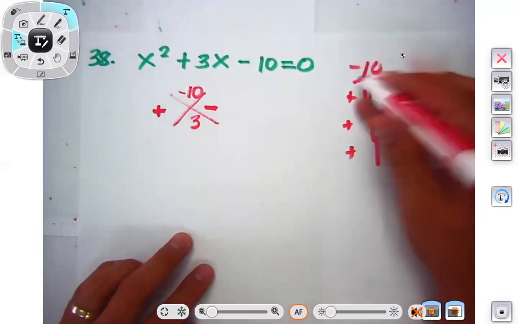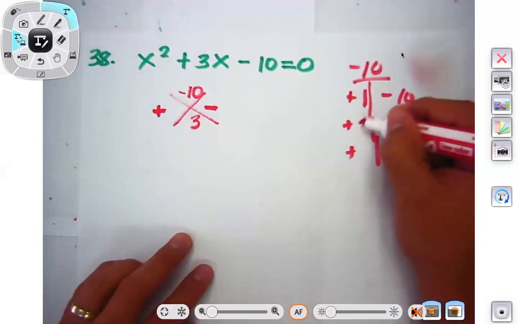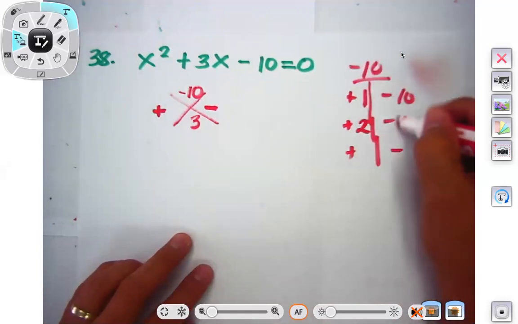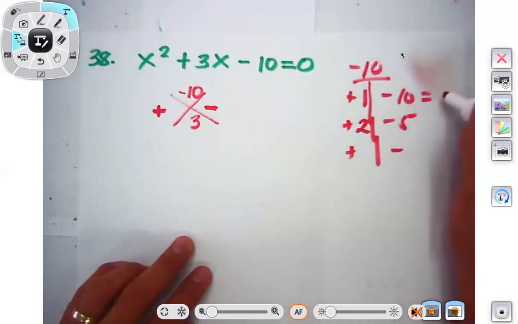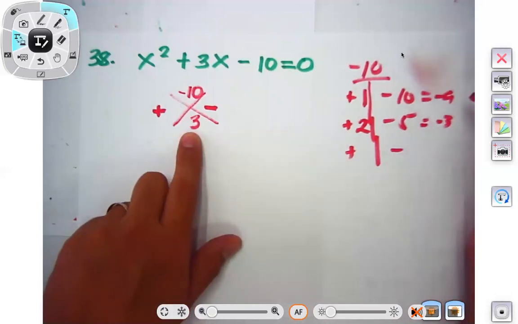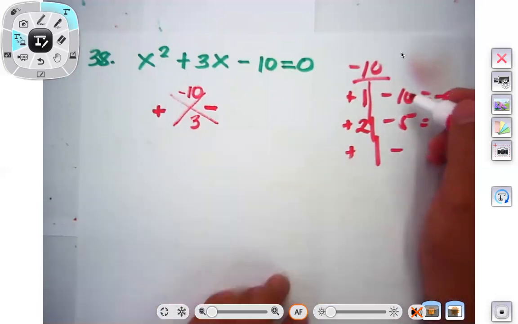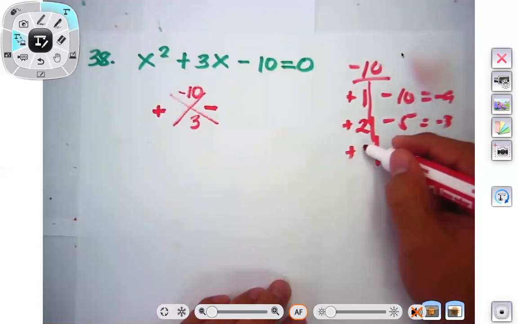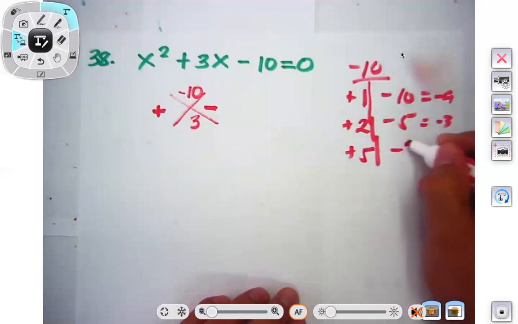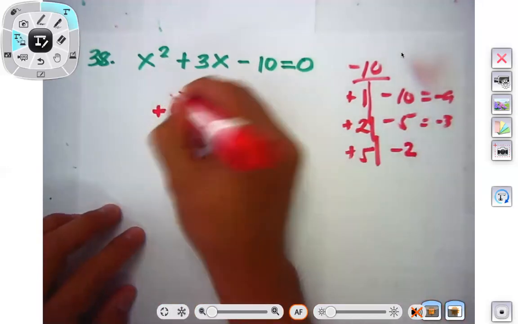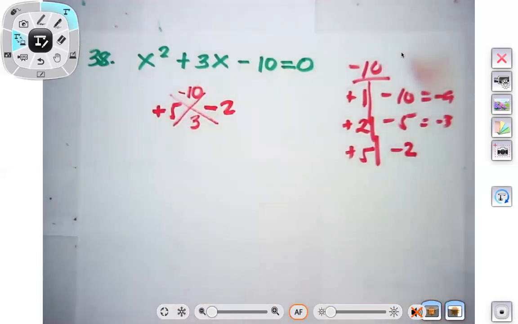Can we divide 10 by 2? Yes, that's 2, 5, but let's see the sum. 1 plus negative 10 is negative 9. Oh, wait, we're looking for positive 3. So it could be changed: positive 5, negative 2. So what are your factors?